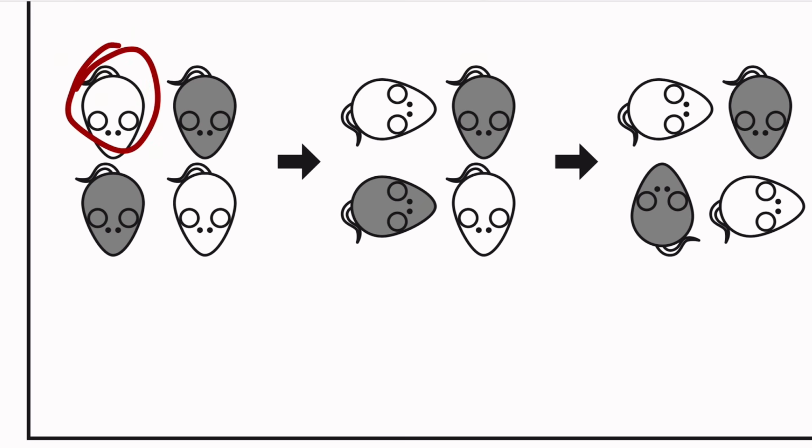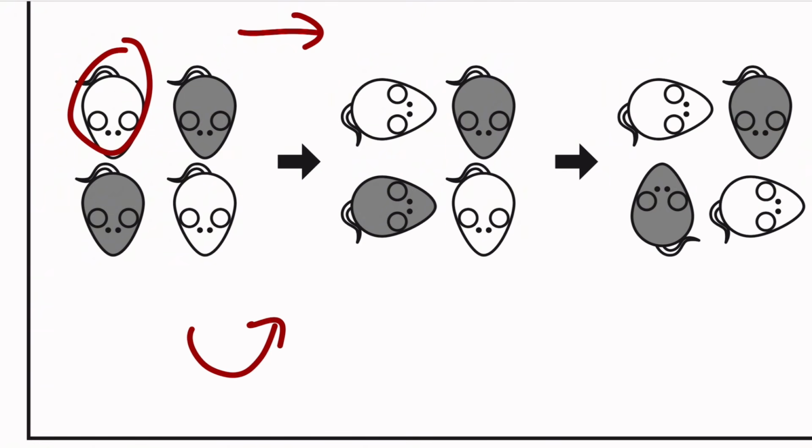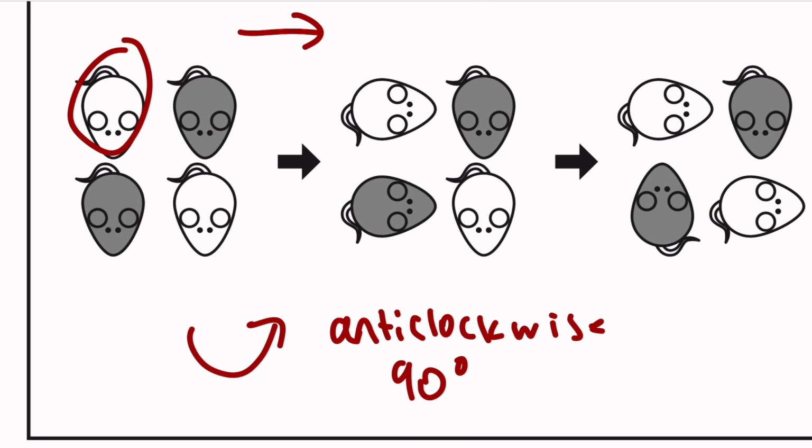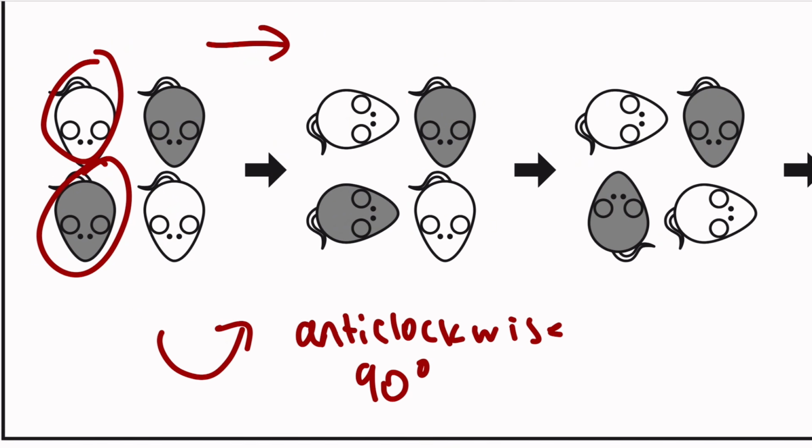So here we have the top left mouse. It moves and rotates 90 degrees anti-clockwise, okay? Anti-clockwise, 90 degrees, okay? Cool. But what else also rotates? This bottom one also rotates, okay? Now, let's look at the other ones, all right?